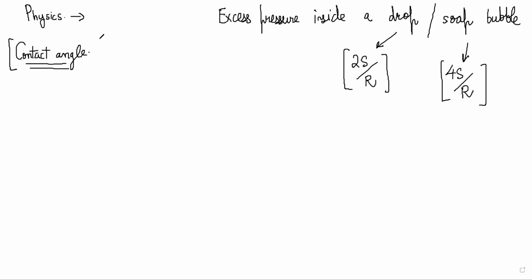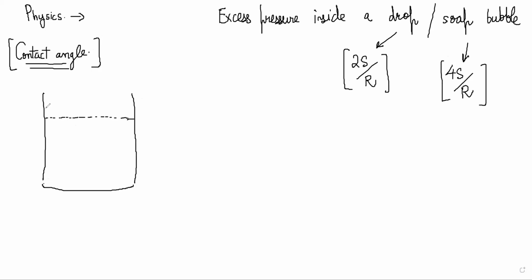Now the next topic was contact angle. Contact angle is basically when the liquid surface touches a solid surface. It doesn't touch in a way which is perpendicular all the time. So if there is a solid surface here, a capillary tube or something, and this is a liquid, it will not always be perpendicular.